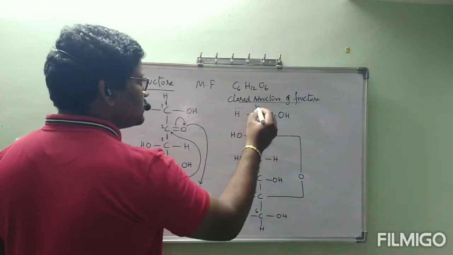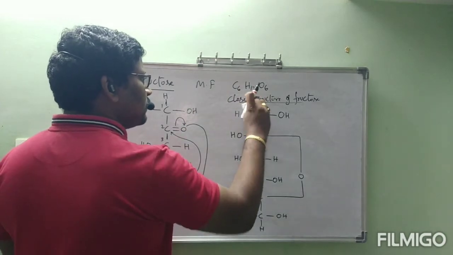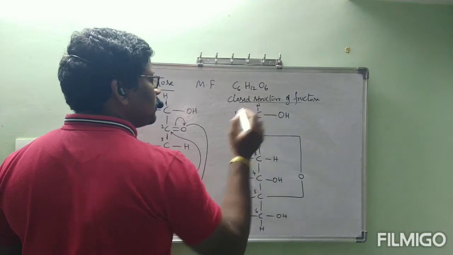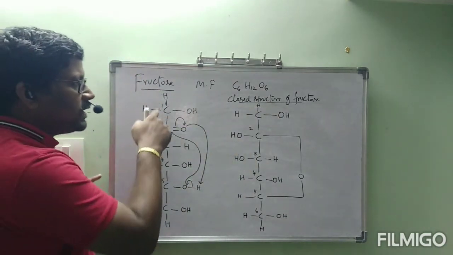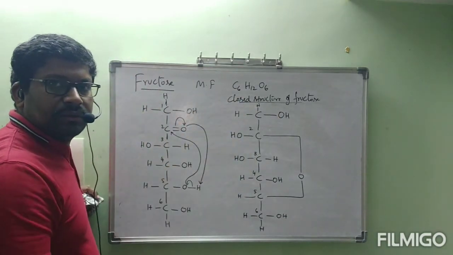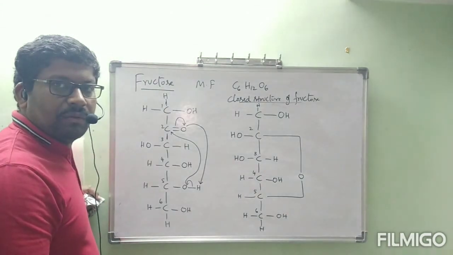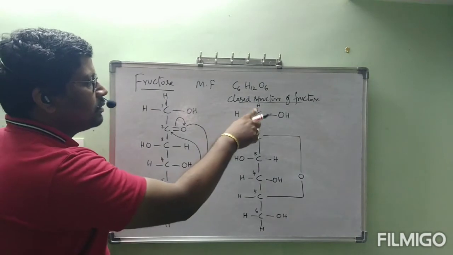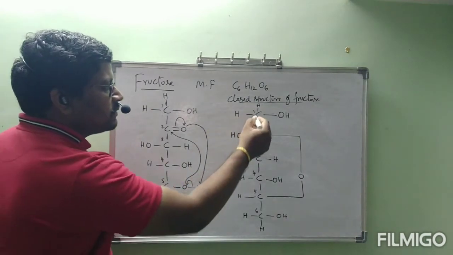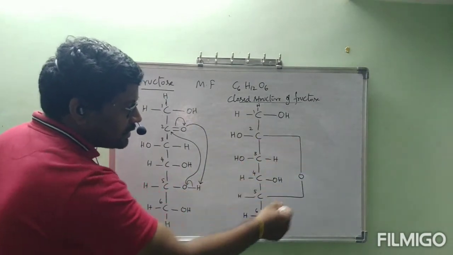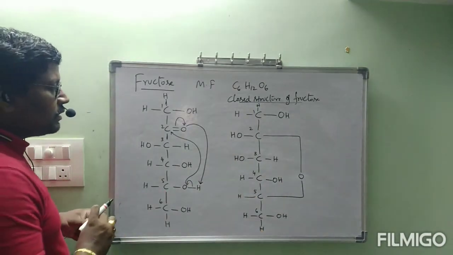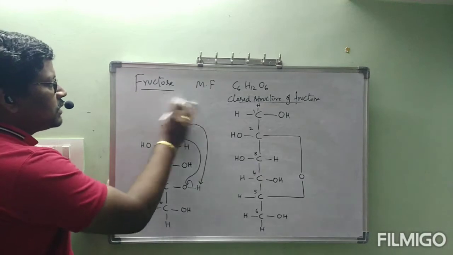Here, even here, this one also contains H. Sorry, I didn't write H, now I wrote. This carbon 1, 2, 3, 4. Okay, this is first carbon. Second carbon onwards, like this closed ring. Sixth carbon again CH2OH. Okay, now we are clear. Now let us write the Haworth structure.